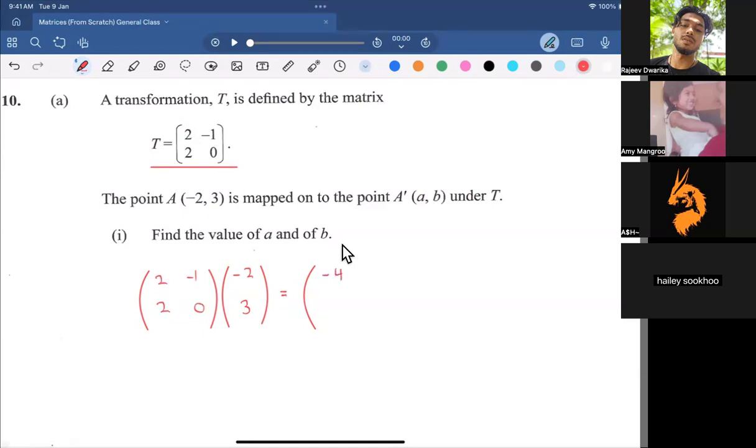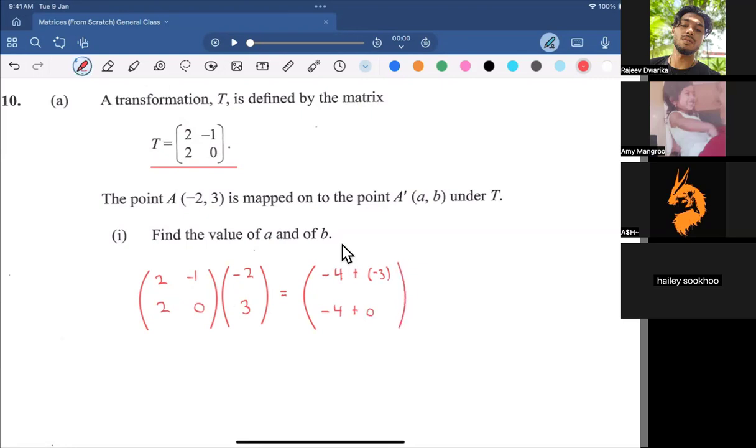And you can do this in your exam. You don't have to put all the work in, right? And then we're going to say plus -1 by 3. What's -1 by 3? -3. Right. Next one. 2 by -2 is -4. 0 by 3 is 0. Right.